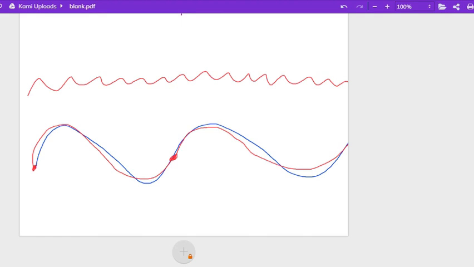Anyone remember from way back when? What's the other one? There's continuous functions, and then there's one called discrete. Do you remember that? And unit 10 is actually called discrete functions. And what a discrete function looks like is like this. It's a bunch of dots, right?